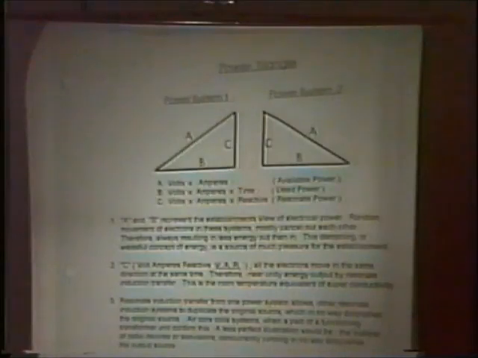So anyhow, in this power triangle, you can take a small power unit and you can power a much larger power unit. An example of that might be an atomic bomb, because you use a small bomb to set off a larger bomb, which in turn sets off the atomic bomb. In this case, you can use a small power system, and you can pump a much larger power system.